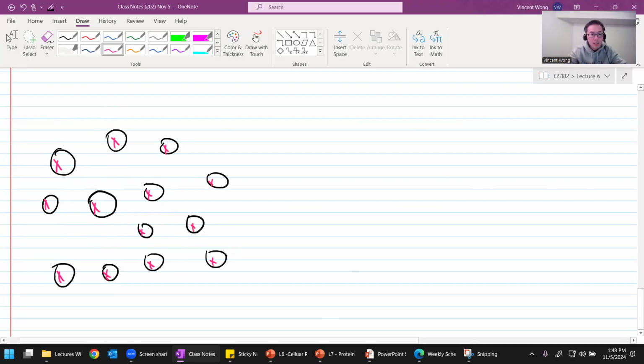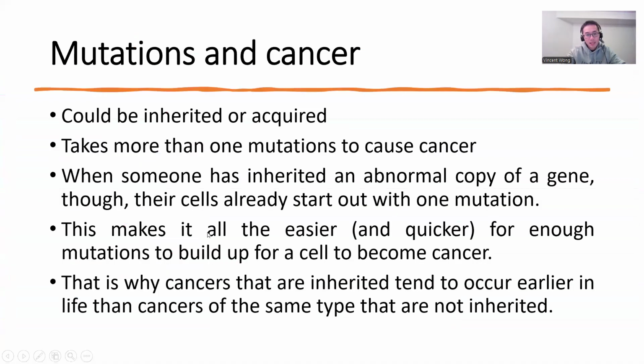So what that means is for this person, if another mutation happens in any of these cells, like if it happens here or if it happens here, then these cells are going to divide in an uncontrolled manner.